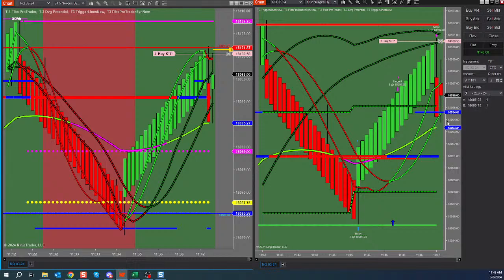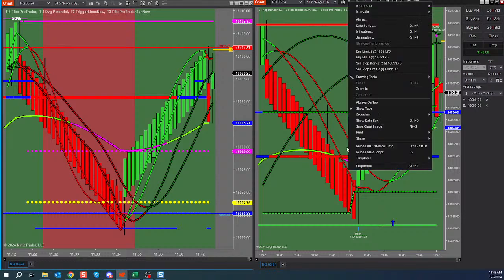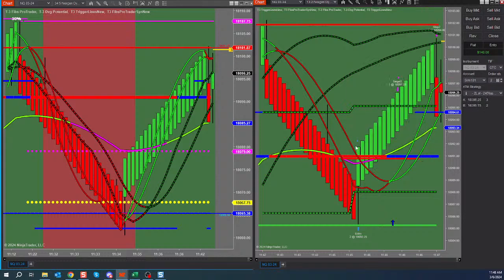So these are great if you have to have a close above the small triggers, right? I would have had a buy stop right here. So if my entry requirement says that I have to have a stop above the small triggers, I would literally have a stop or an entry waiting right here. And it would just help me get the best fill. So the ATM is the strategy.